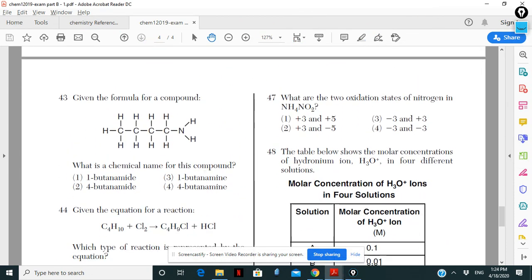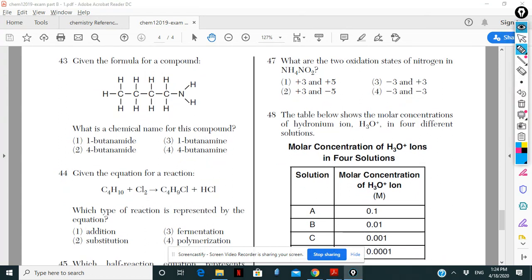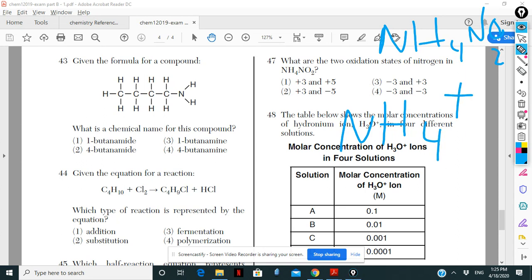Question number 47. What are the two oxidation states of nitrogen in NH4NO2? Now I have to differentiate. I have NH4 positive and NO2 negative.